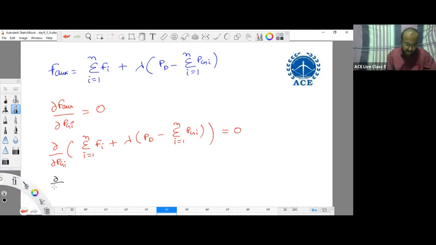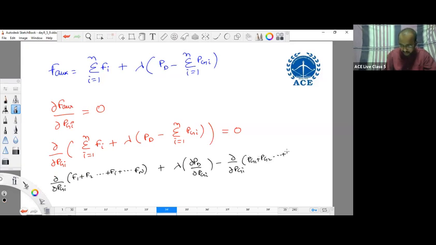So we write dou by dou Pgi of F1, F2, and so on up to Fi, and so on up to Fn, plus lambda into dou PD by dou Pgi, minus dou by dou Pgi of Pg1, Pg2, and so on up to Pgi, and so on up to Pgn, is equal to 0.